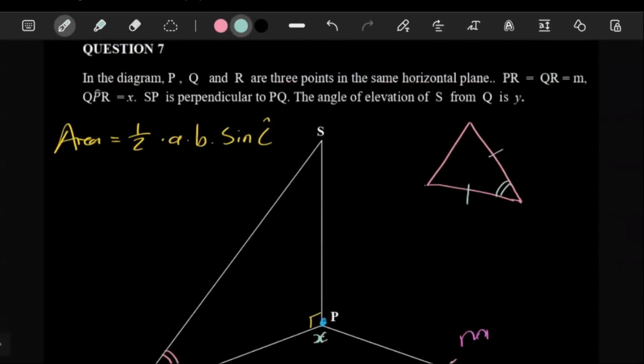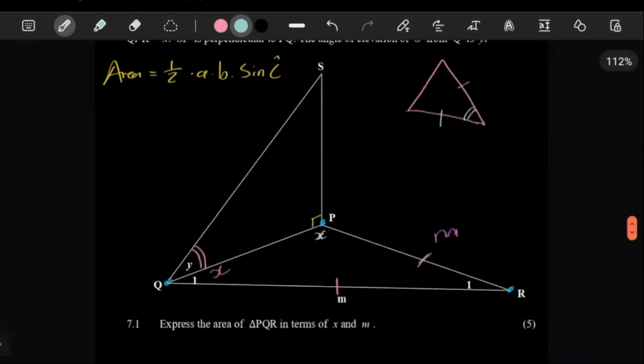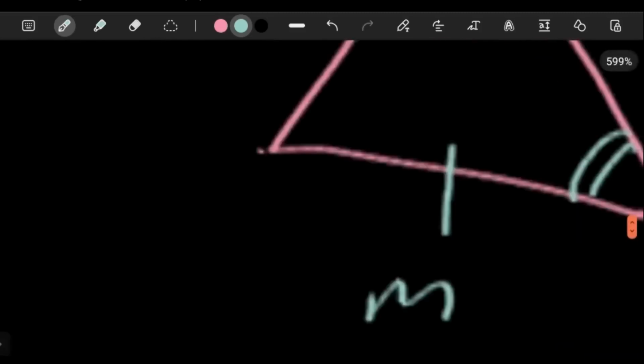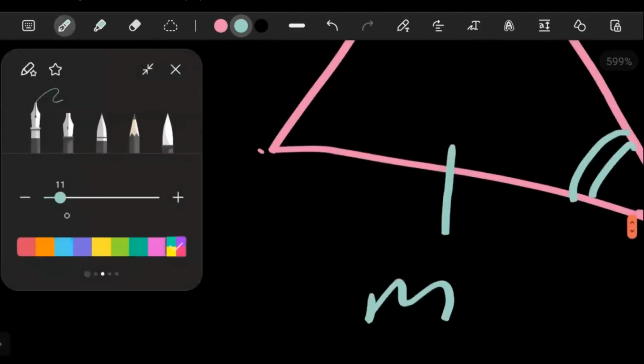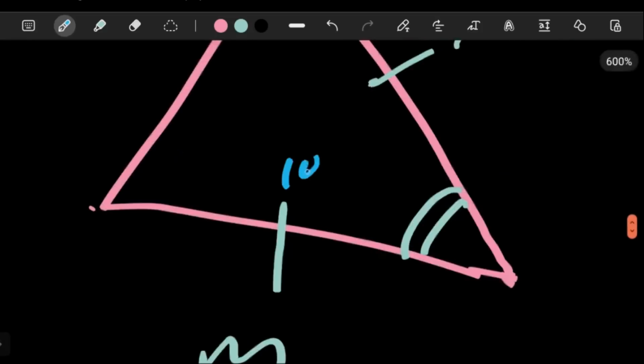As long as you have something like this, you're good, which is what we're going for here, because we know this is M, this is M, and this middle part is just 180 minus 2x.